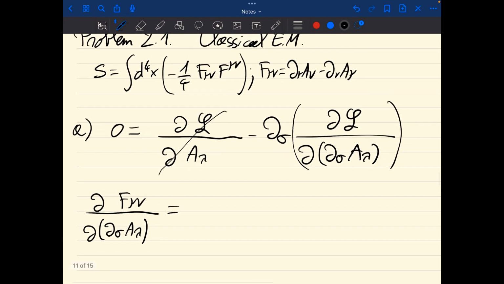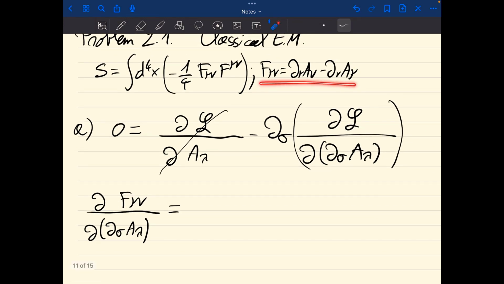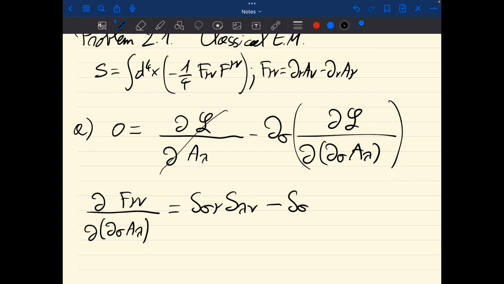You just look at the definition of F mu nu, and you see that for the first term, for the first derivative to be non-zero, sigma should be equal to mu, and lambda should be equal to nu. So this is just a product of Kronecker deltas: delta sigma mu, delta lambda nu, and the second term is just the same but with mu and nu inverted, so sigma nu and lambda mu.